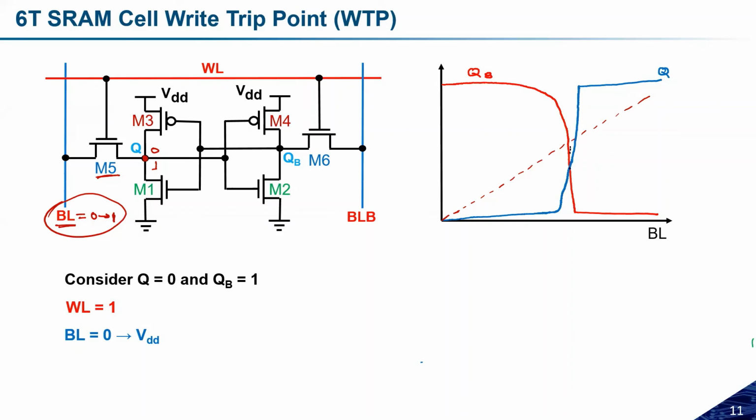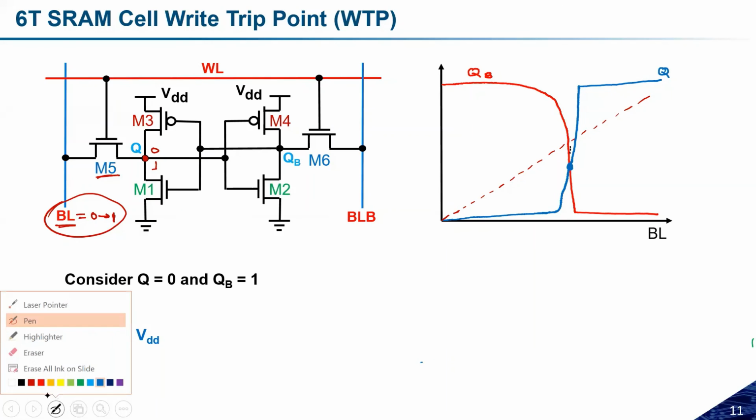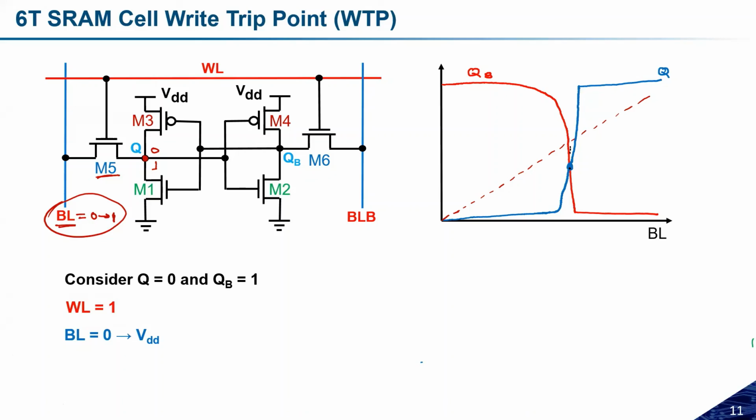Okay, so this is the point at which it is crossing. Okay, and project the voltage of BL at the same time. So the BL is something like, let us assume this is the BL, this point is the BL. So the difference between this point and the maximum voltage, this we call the right noise margin.